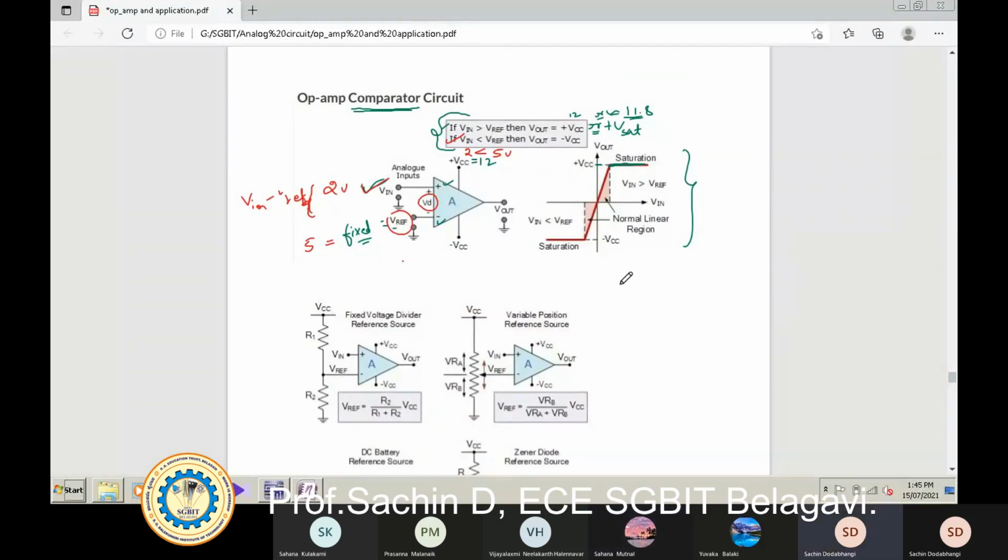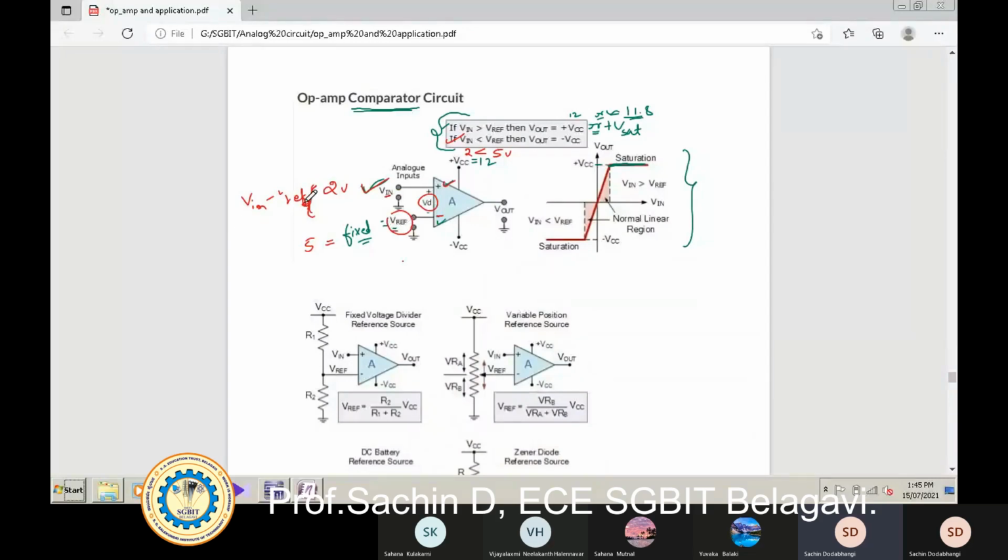Yes? Okay. I think I had already written something that was not visible for you. In red ink I have written it, see. Suppose for the second case, you can zoom it, the amplifier takes the difference between the inputs. The non-inverting terminal is connected to V input, and the inverting terminal is connected to V reference.